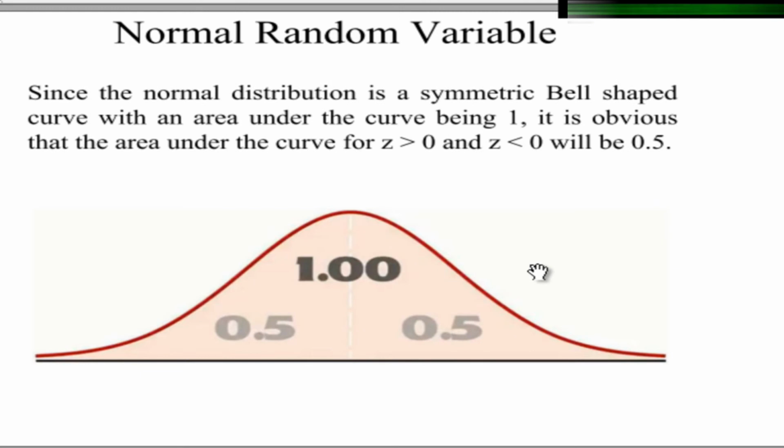Any normal random variable is symmetrical, and in the Z distribution it has 0 mean and 1 standard deviation.